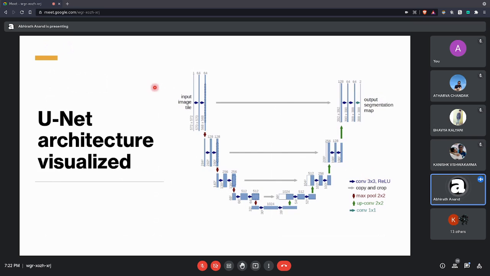So if you look at this, this is the U-Net architecture visualized. And if you look at the image sizes, it was designed for biomedical image segmentation, where the images are a lot larger.